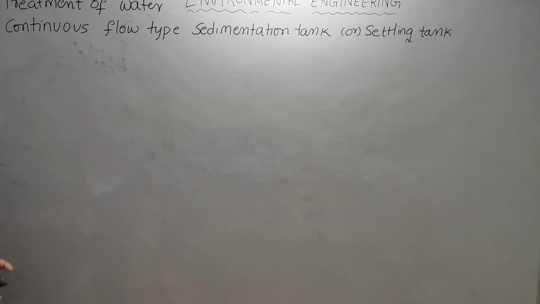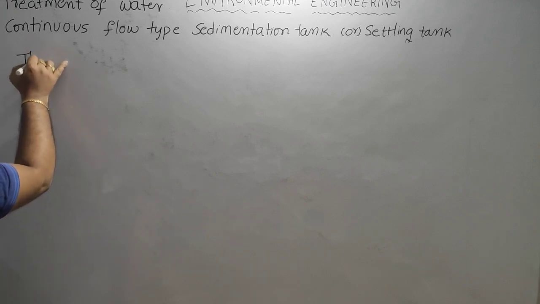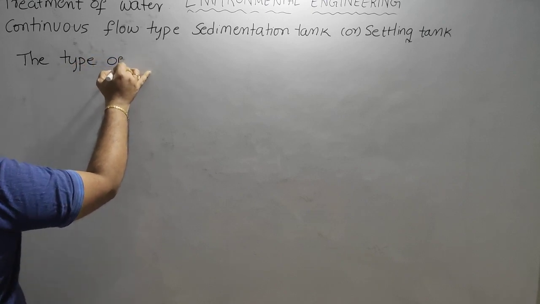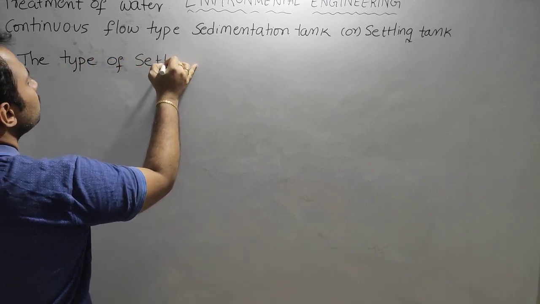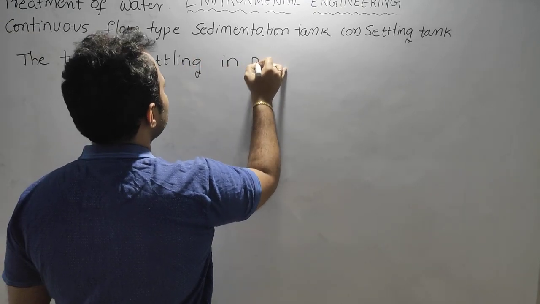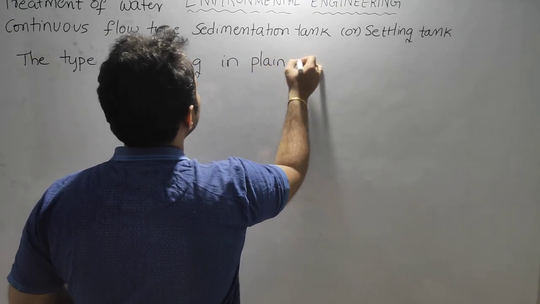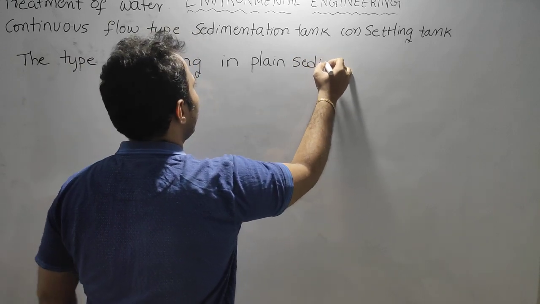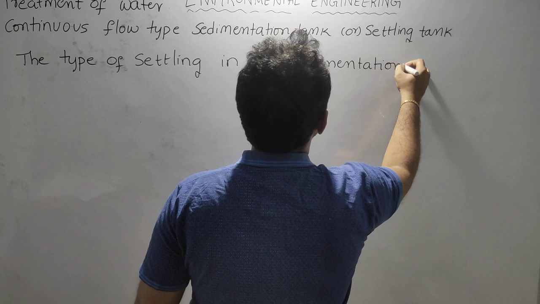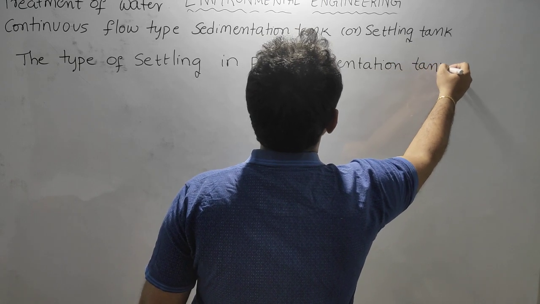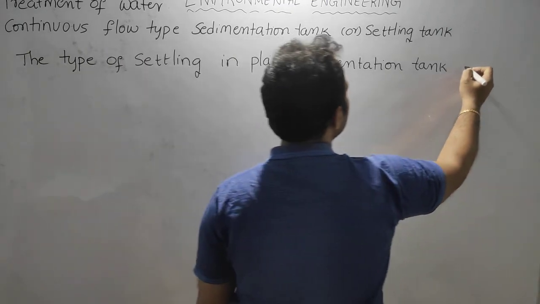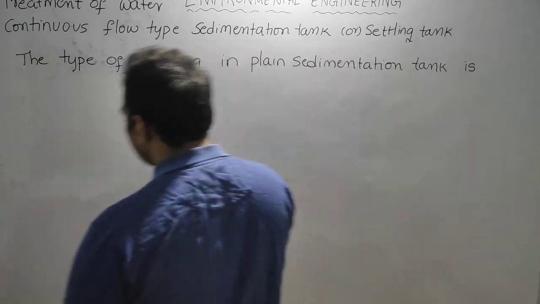The type of settling in a plain sedimentation tank is considered as discrete settling.